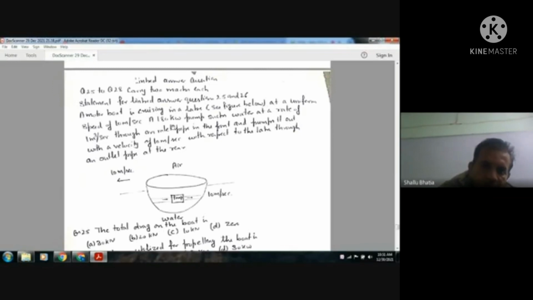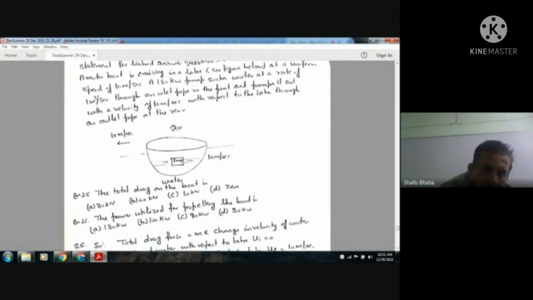A 180 kilowatt pump sucks the water at a rate of 1 meter cube per second through an inlet pipe in front and pumps it out with a velocity of 10 meter per second with respect to the lake through the outlet pipe at the rear.